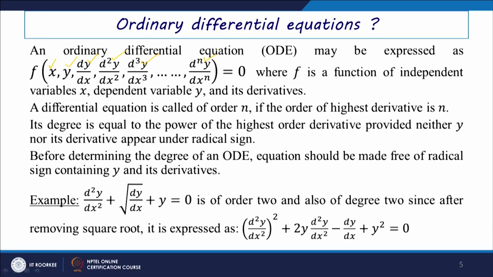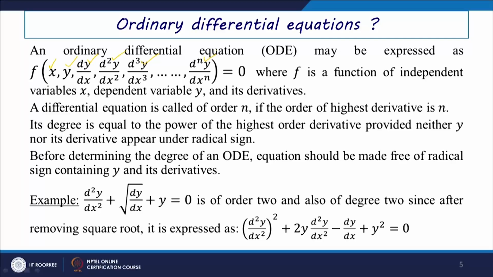We write x, y, dy by dx because sometimes the differential equation can be expressed in product form too, like y dy by dx, or sometimes x dy by dx. That is why f is called a function of the independent variable x and the dependent variable y with its derivative terms.